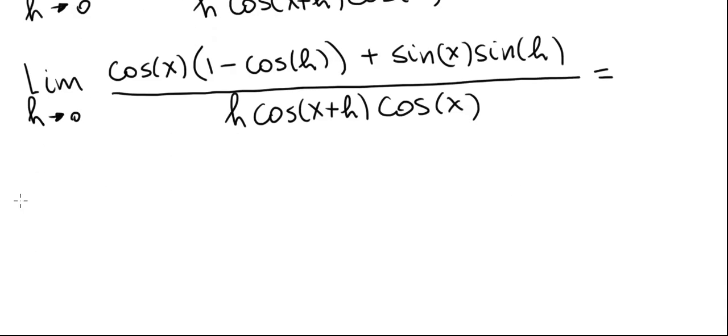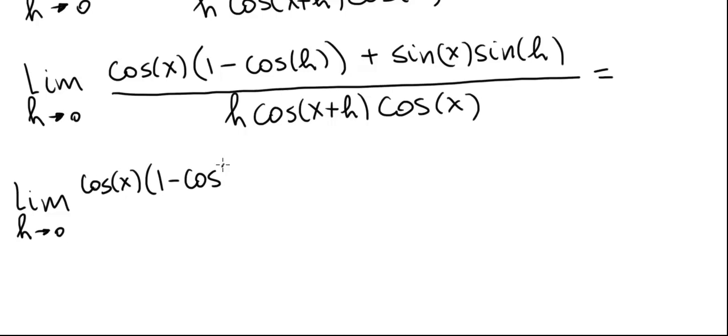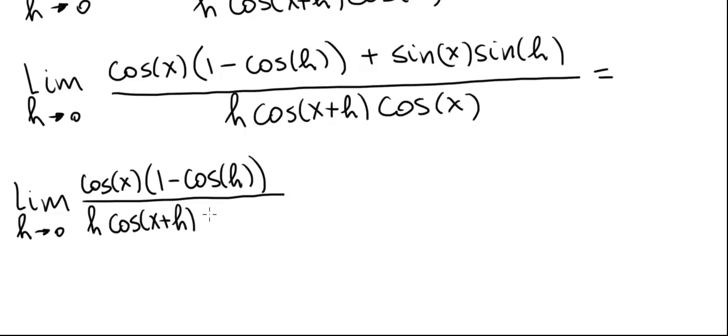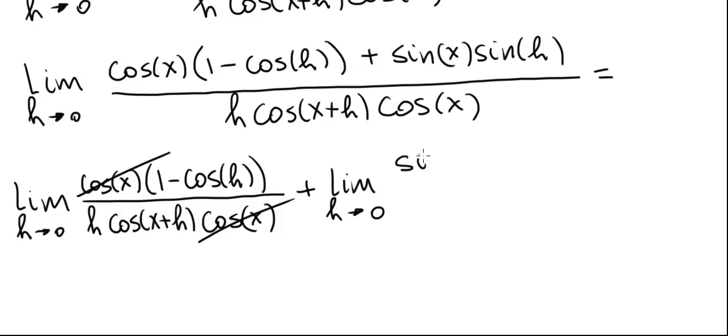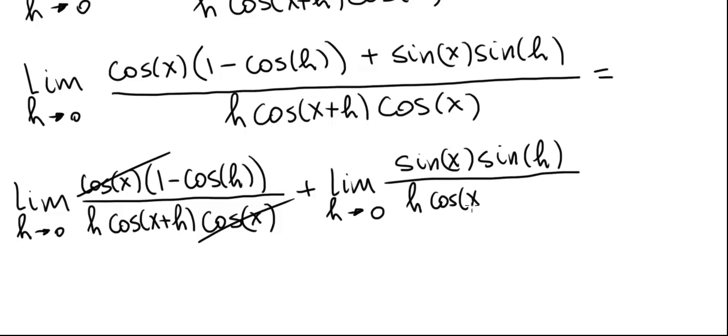The first limit is the limit as h approaches 0 of cosine of x times 1 minus cosine of h, divided by h times cosine of x plus h times cosine of x. Notice that we can cancel these two cosines of x. Plus the limit as h approaches 0 of sine of x sine of h, divided by h times cosine of x plus h times cosine of x.